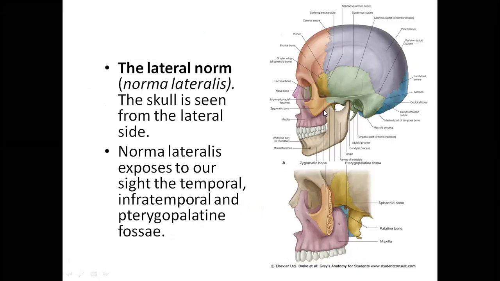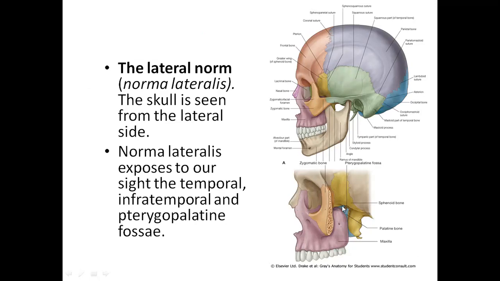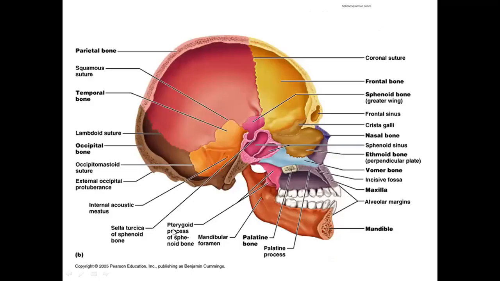Below the zygomatic arch, you will see infratemporal fossa. And deeper inside, when you cut the zygomatic arch, this bluish area is the pterygopalatine fossa, which is much deeper inside. This is seen behind the maxilla bone, inferior to the greater wing of the sphenoid bone and the lateral pterygoid plate. We find deep inside there is a fossa, that is pterygopalatine fossa.